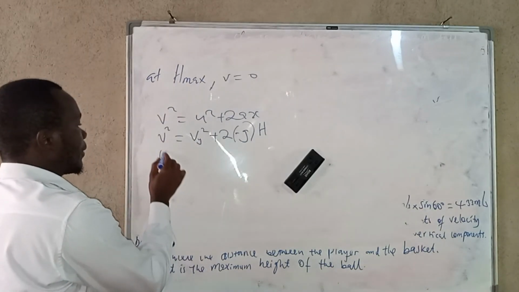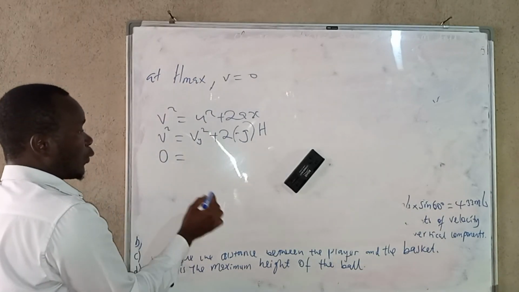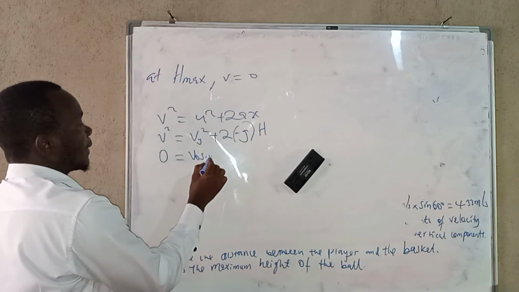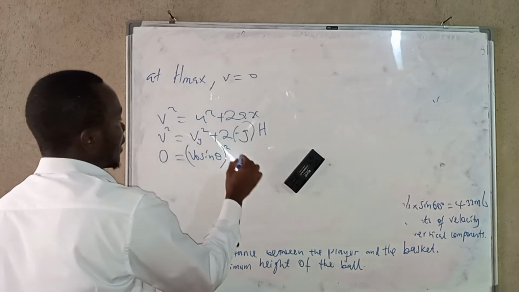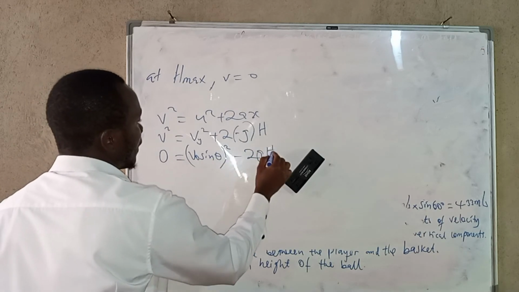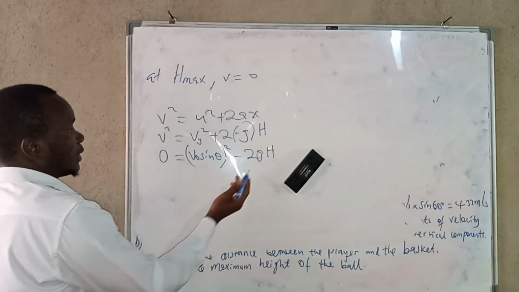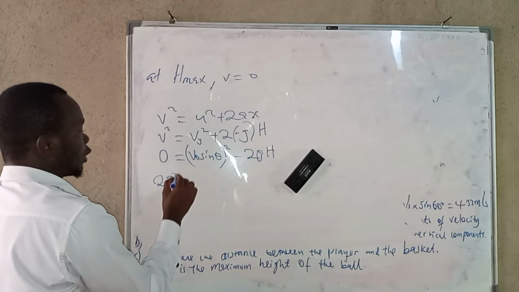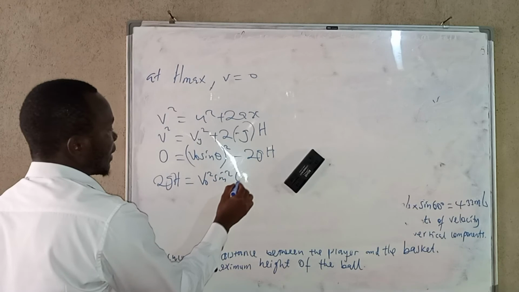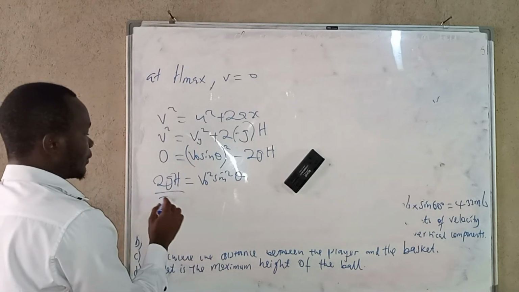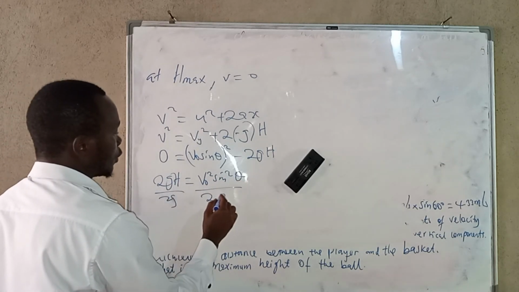So since it is 0, we can say 0 is equal to Vy, which we found to be Vo sine theta, squared, minus 2gh. So it can come this way, and we're going to have 2gh is equal to Vo squared sine squared theta. So we divide by 2g, also here by 2g.